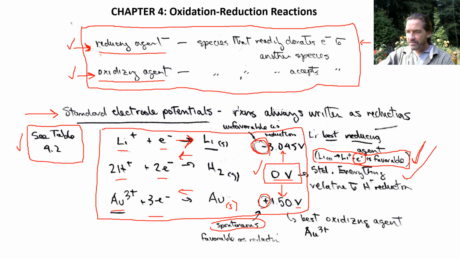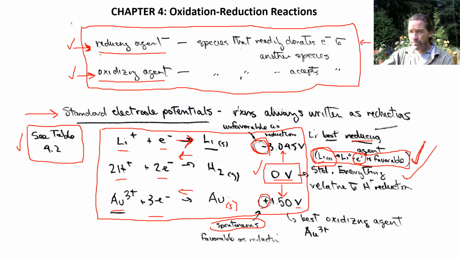So that means here that lithium metal is a very good reducing agent, because written in this direction where it's favorable, we see that it really wants to donate electrons. And a value of 3 volts is huge. That is why they make batteries in your computer and phone with lithium, because it gives you a good charge and a high voltage.